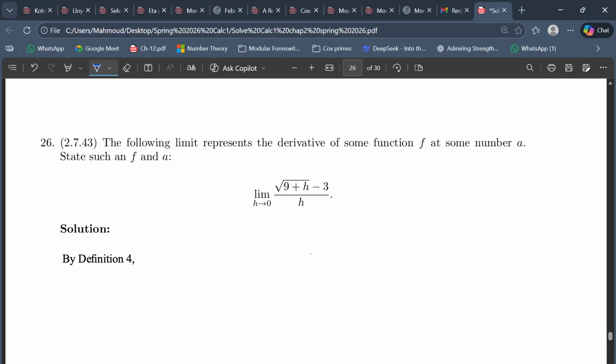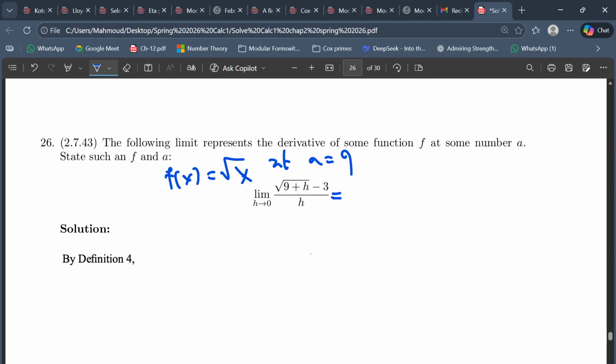Who wants to solve this? Okay. Yes. Yes, perfect.